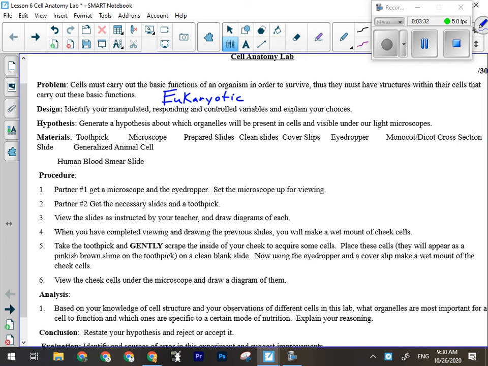We are a eukaryotic organism. Our cells have organelles. Prokaryotic organisms are single-celled organisms, and their cells don't have organelles. So this experiment would not work if we looked at prokaryotic cells. So one of your controlled variables is that all the cells you look at are eukaryotic. I think you can probably come up with two more.